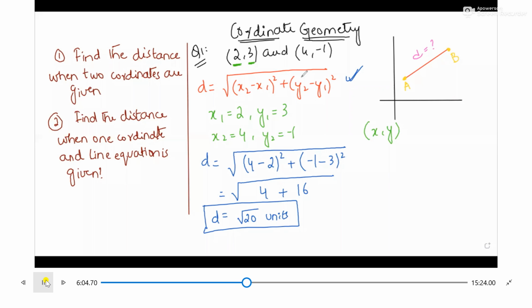Similarly, if we change the question, the next question which is given to you is (-2, 1) and (8, 2).